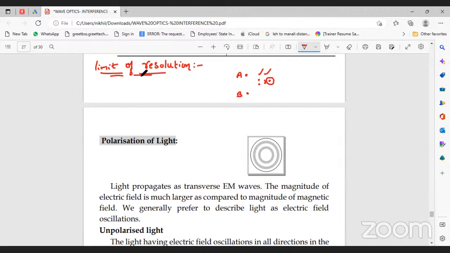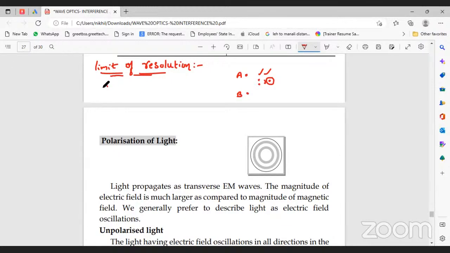Limit of resolution is the minimum separation between the 2-point objects for which they are just resolved, for which they are just distinguished. To distinguish two close point objects, there must be some minimum separation.